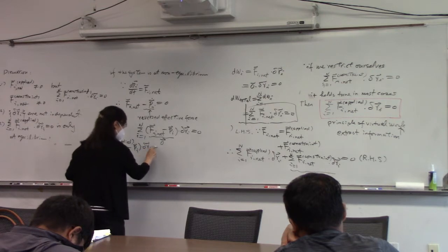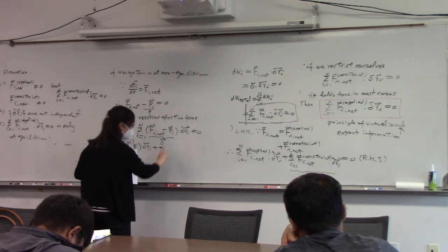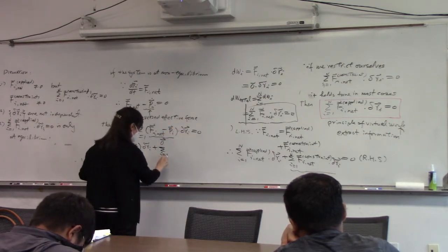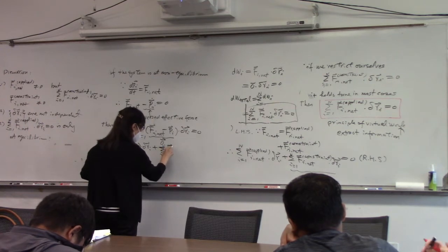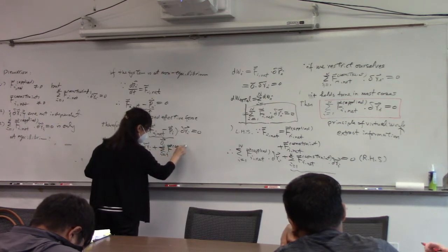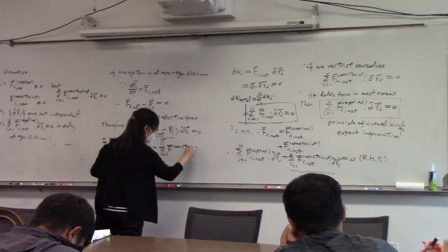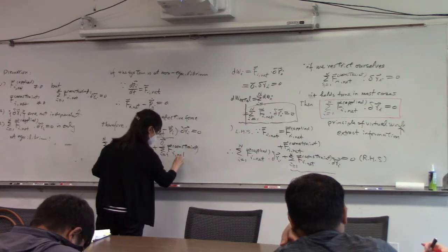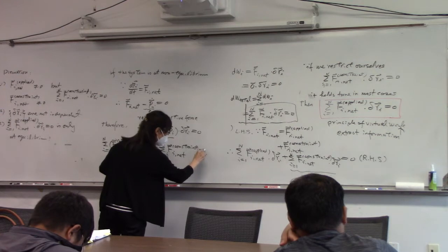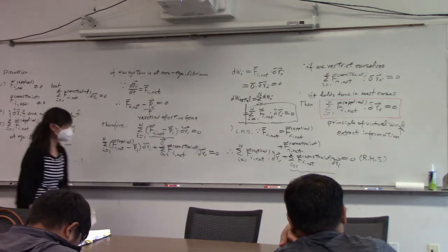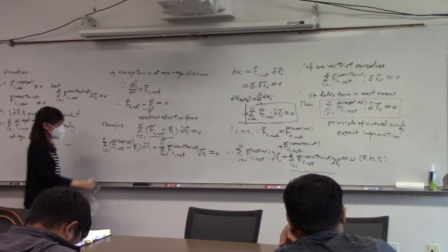And then the remaining second term is only the work done by the force due to the constraint. This equals 0, right? So this is just the work on the left-hand side.